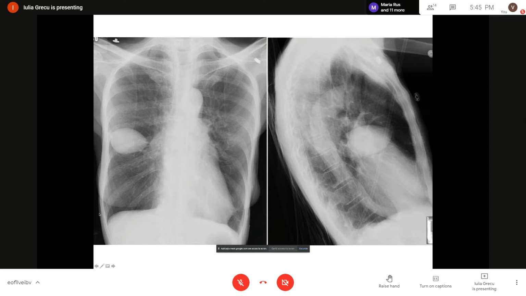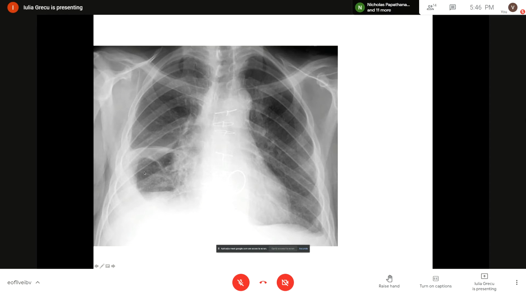Look here, where there is no major effusion, so the angles are sharp. Here it is obviously blunted in this part on the right side, and it is a little bit blunted on the left side, and it continues along the thoracic wall. So most probably there is a minimum pleural effusion on the left side also.